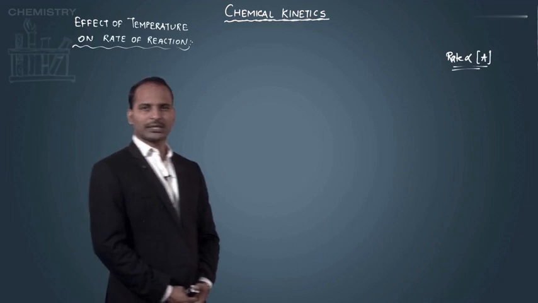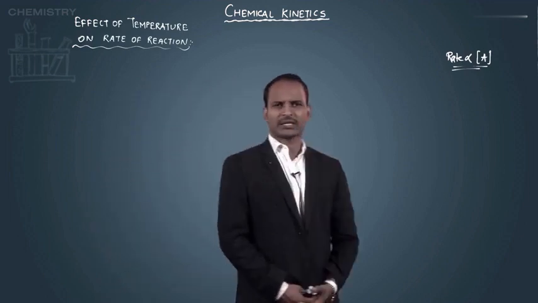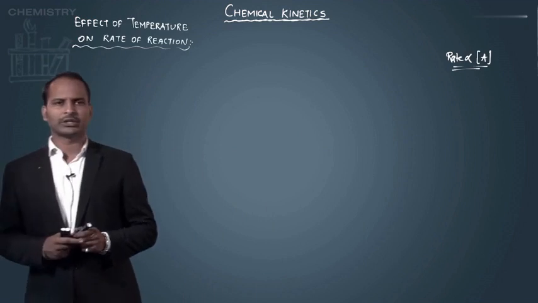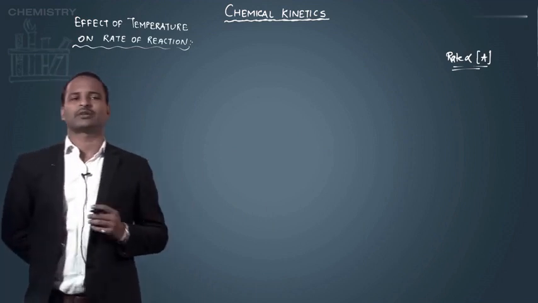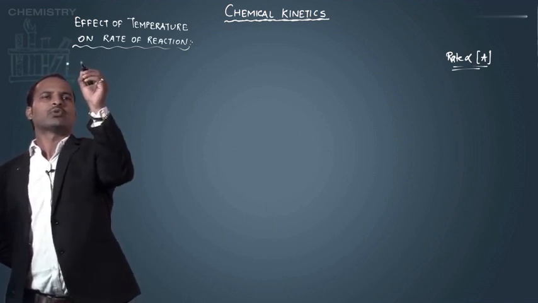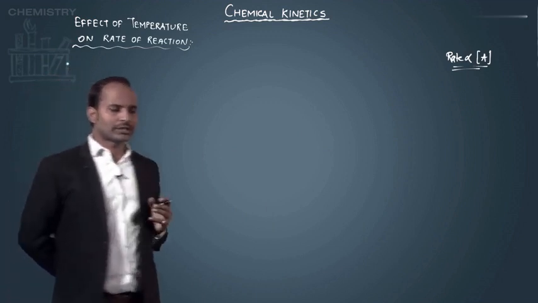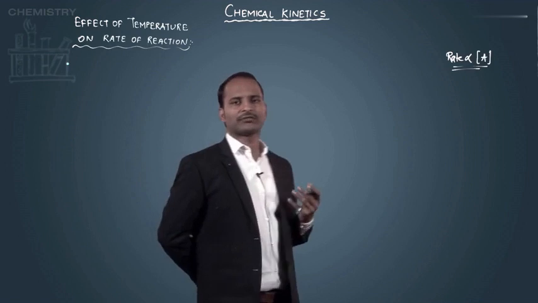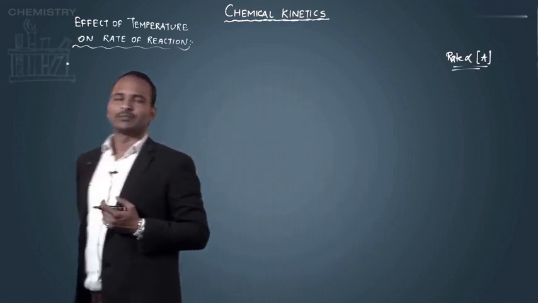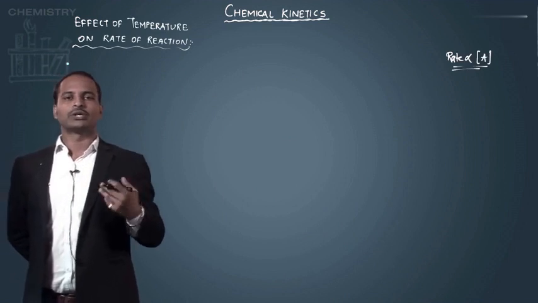The simple answer is that there are two basic reasons. Number one, once you increase the temperature, the energy of the reactant will increase, and if the energy of the reactant increases, then more collisions will take place.